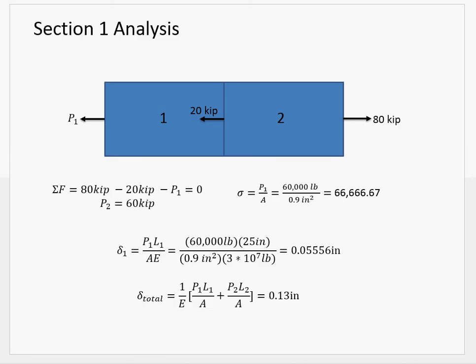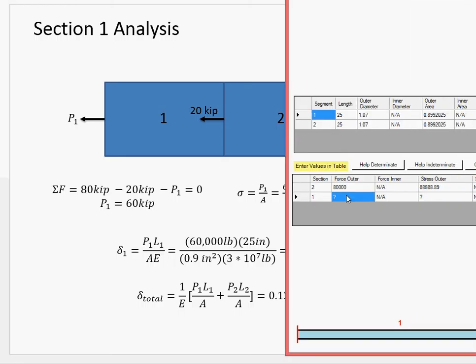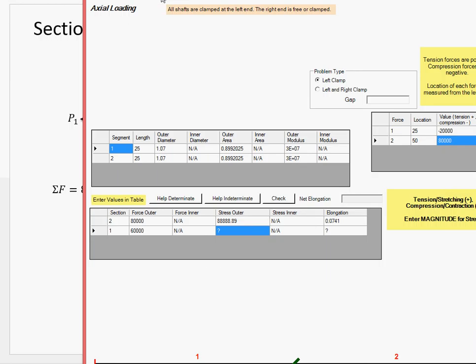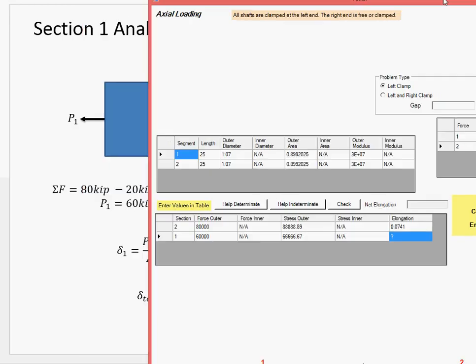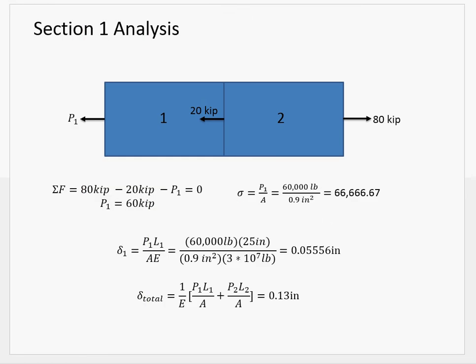And once you have that reaction, this should actually say P1, then you can solve for your stress and the elongation. So we can put that in, 60 kip, outer stress, and the section's elongation.